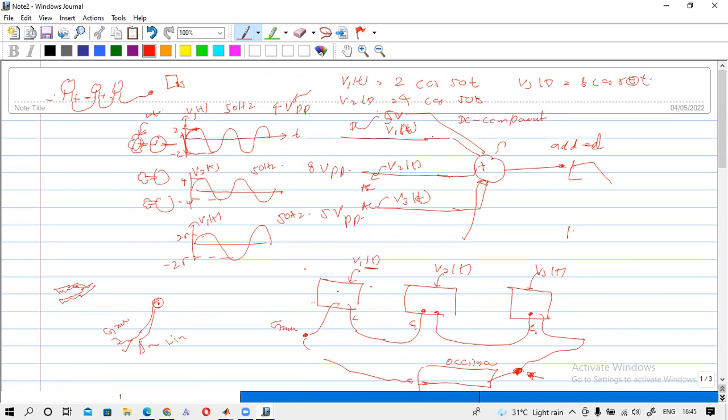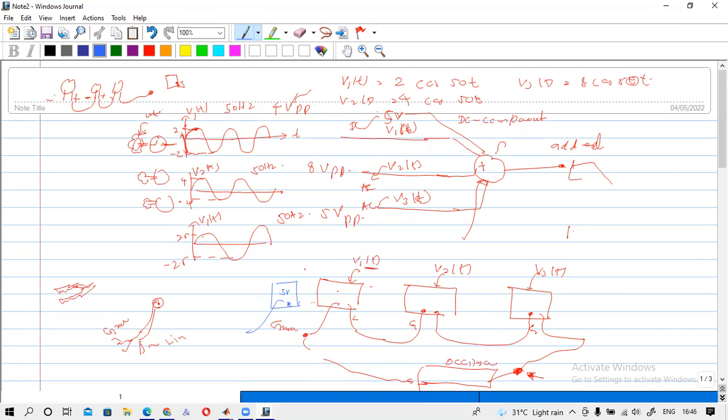So how can I add the DC component? I just use a power supply, set it to 5 volts, and add it to this. In the power supply I also have ground and line.